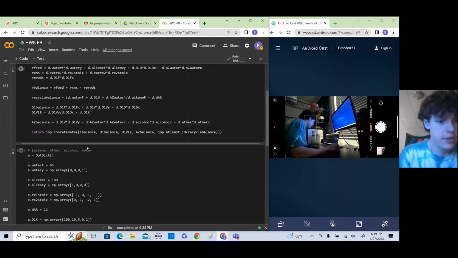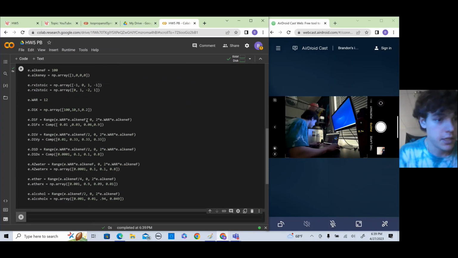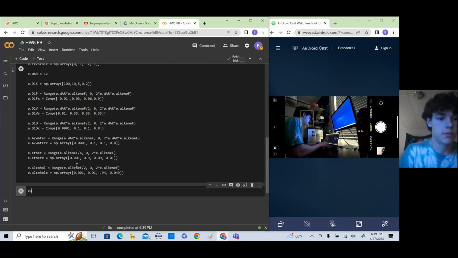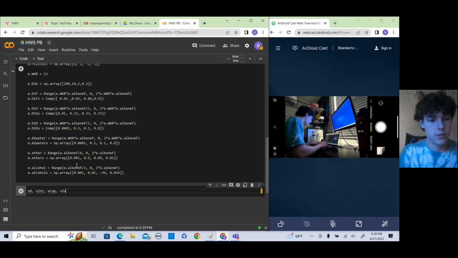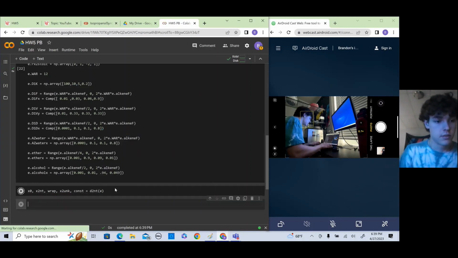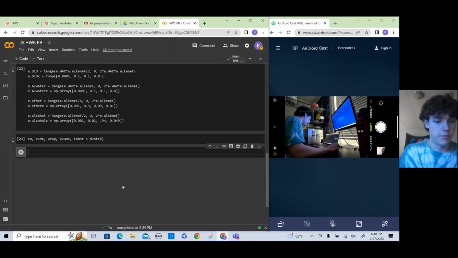I reran this and it seems to be working, although I didn't change anything here, so I'm hoping that was the problem. So our x2 unknowns, our wrap, our x2 unknowns, and our constant is equal to our d2 unknowns of e. That works.